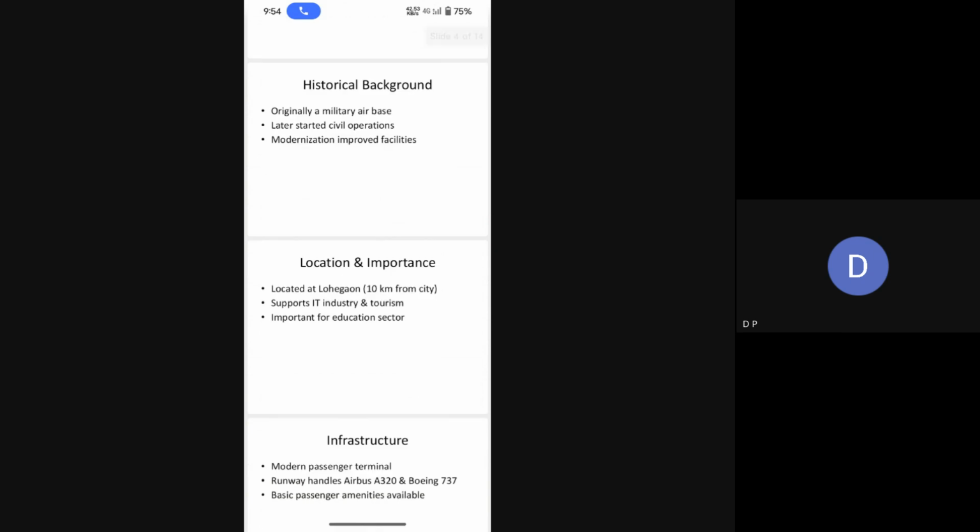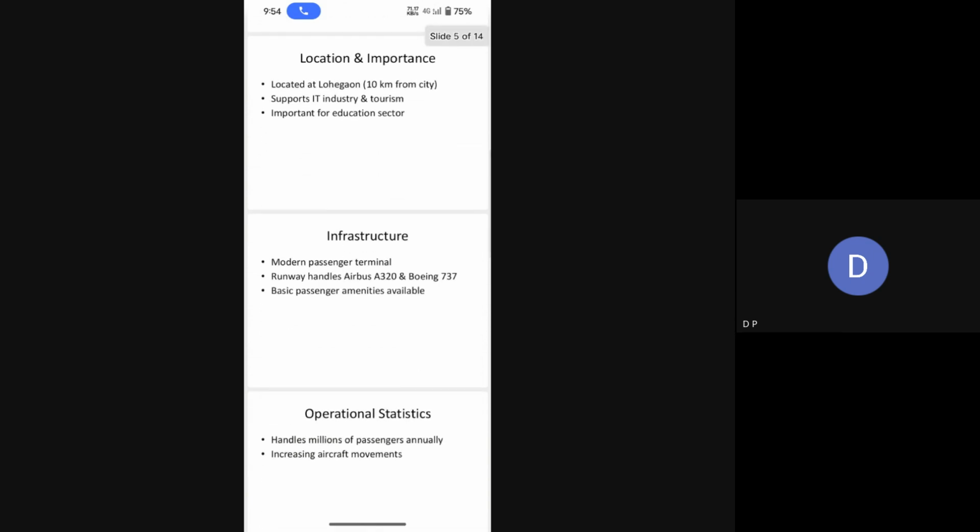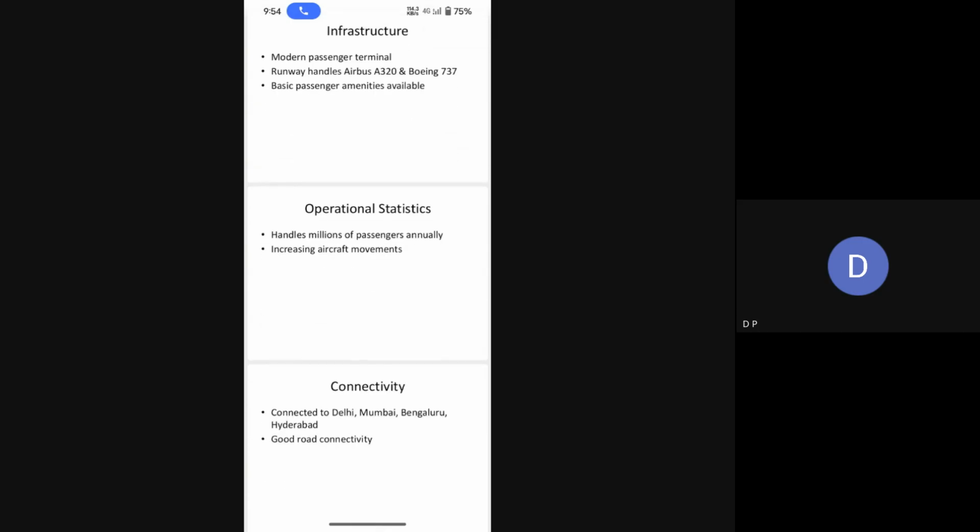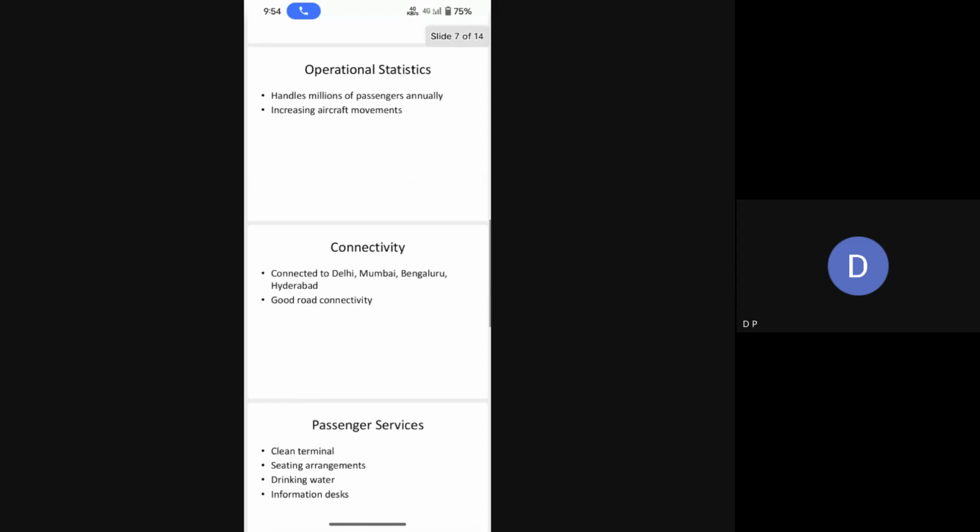Important for the educational sector. Infrastructure: modern passenger terminal, runway handles Airbus A320 and Boeing 737, basic passenger amenities available. Operational statistics: handles millions of passengers annually, increasing aircraft movements.